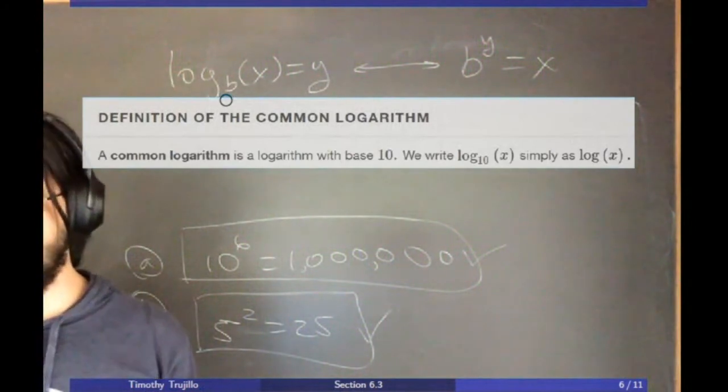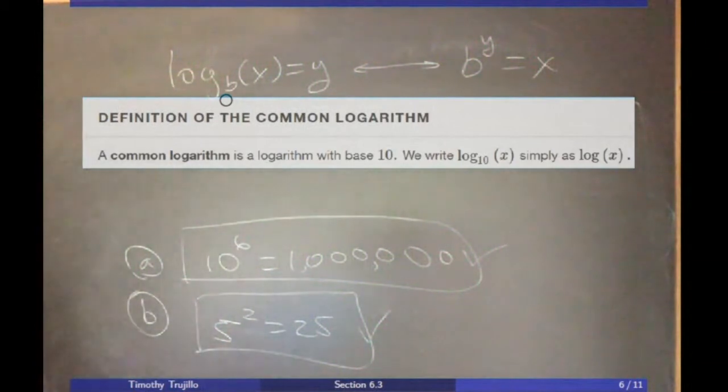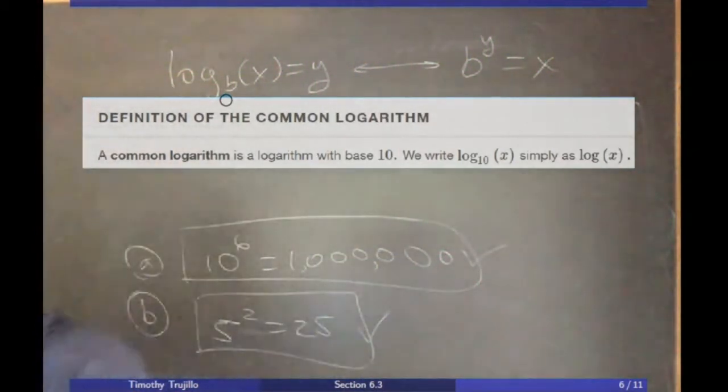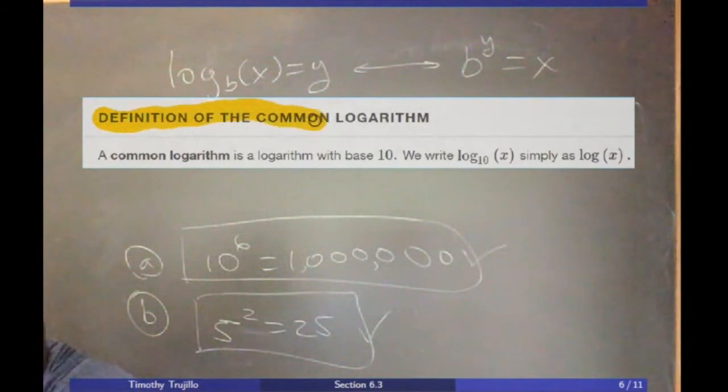And here we've seen our first example of one of our learning objectives, the idea of what we're going to call the common logarithm. So this is something you should be aware of, especially on your calculator. Most of the time, this is the notation that your calculator will use. It's also the notation that will be used in the homework and most textbooks that you see, although there are some exceptions to this. So we say the common log is the logarithm whose base is 10.